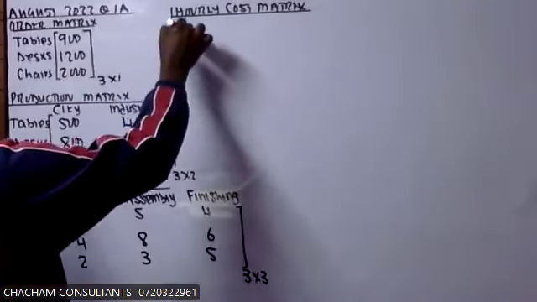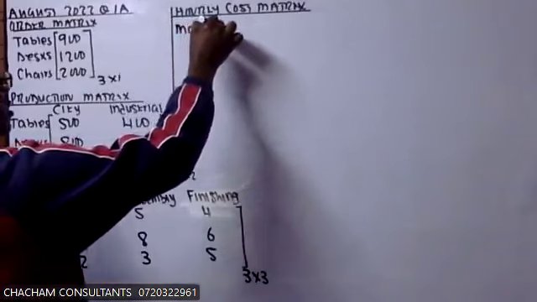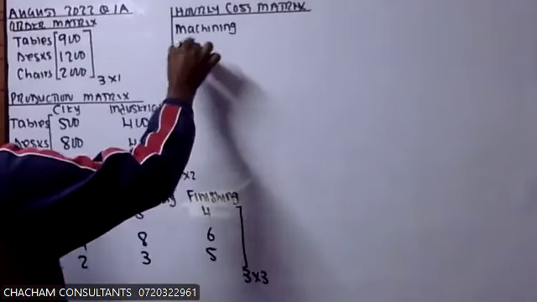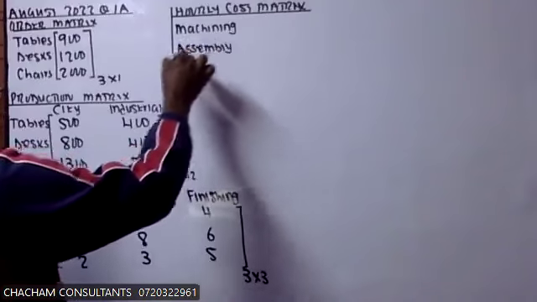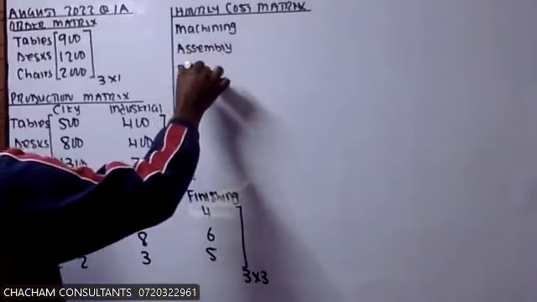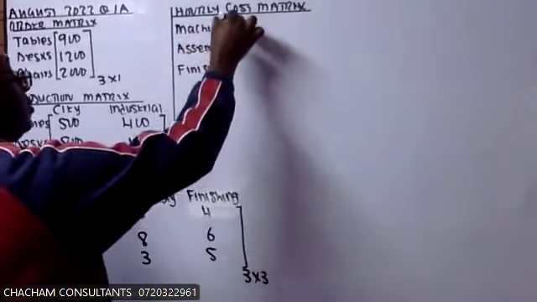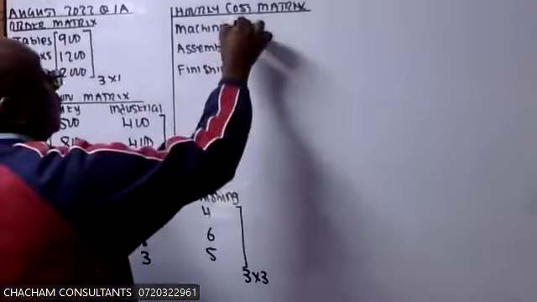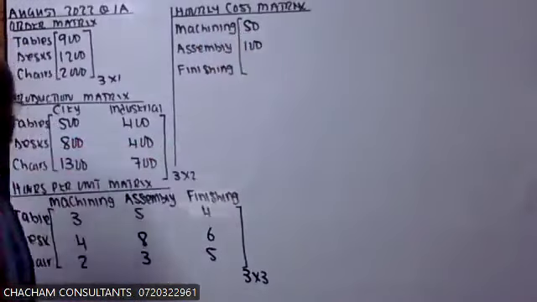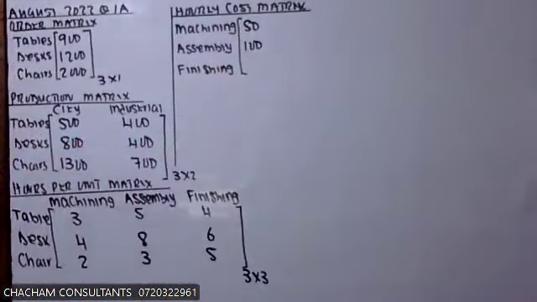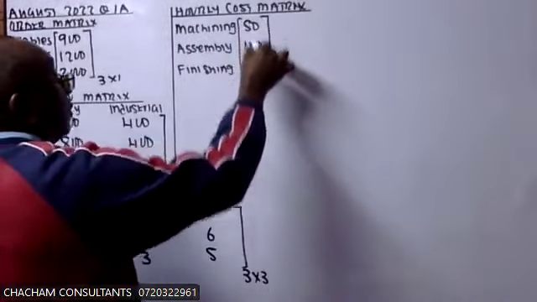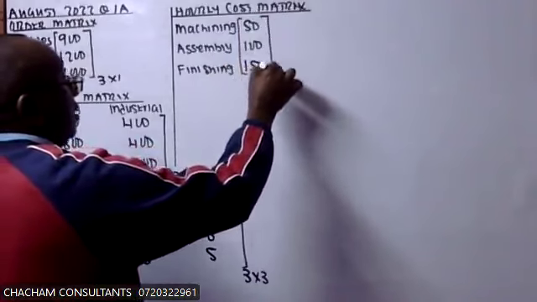We have machining, we have assembly, we have finishing. We are told this is 50, this is 100, and this is 150. Now this is a 3 by 1.